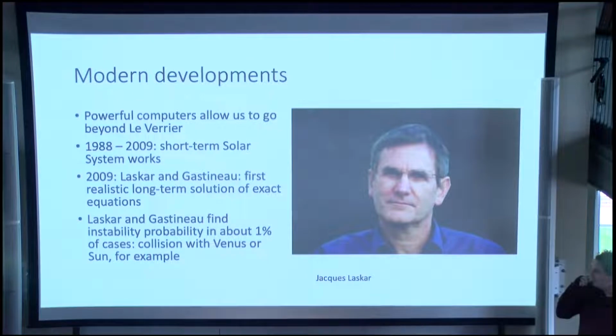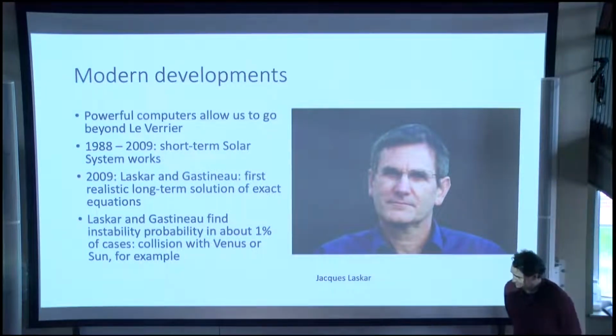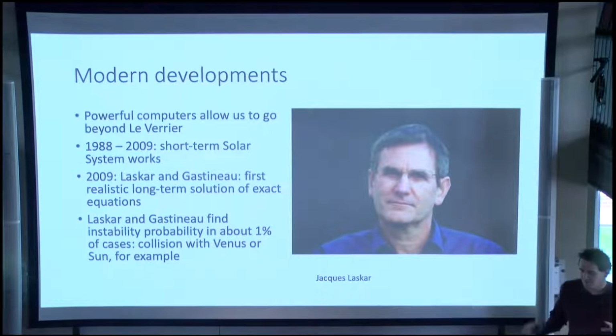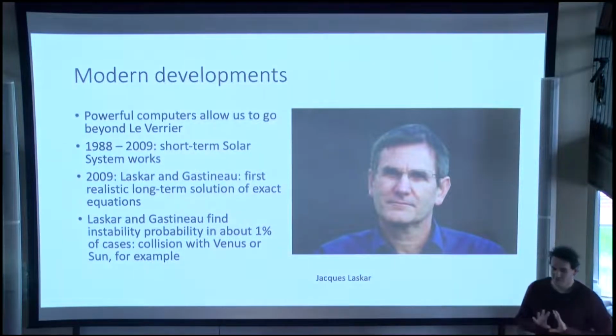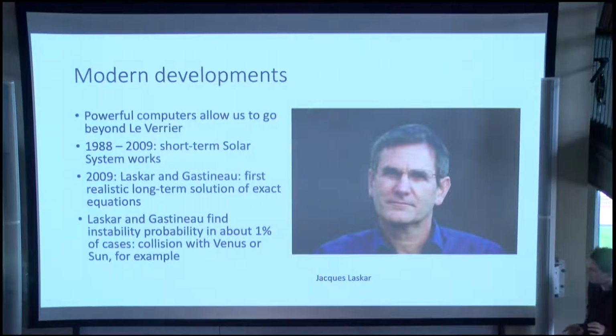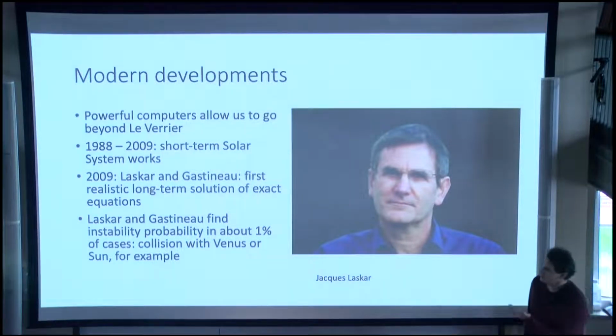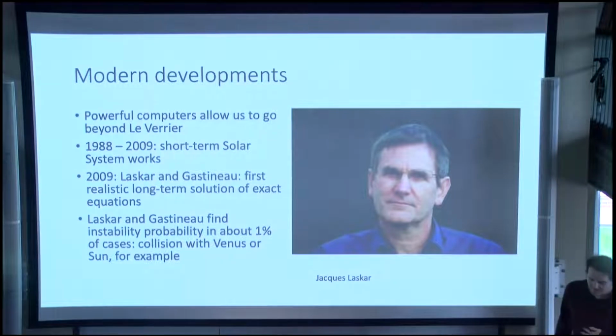One thing they find is that there's an instability probability of about 1%. The reason we talk about percentages is that the solar system is a chaotic system, so we have to look at ensembles of initial conditions. There's a possibility of collision of Mercury with Venus or the Sun, for example.